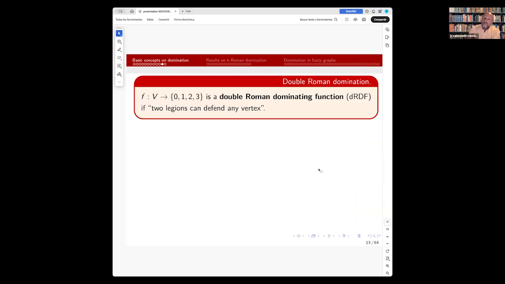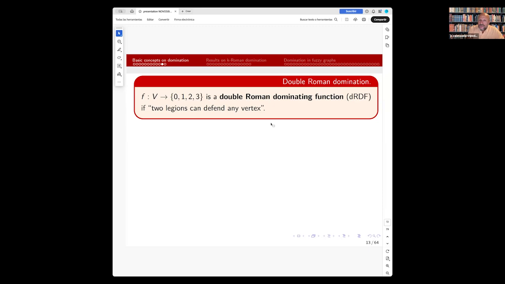In this case, a double Roman dominating function will be a function that assigns labels in the set 0, 1, 2, and 3, with the idea of generalizing the Roman dominating function in the sense that, as I said before, the concept of Roman dominating function consists in that you have an undefended place that must be defended by stronger neighbors with label 2.